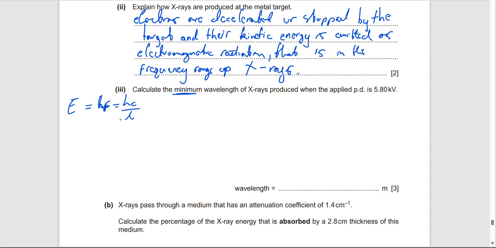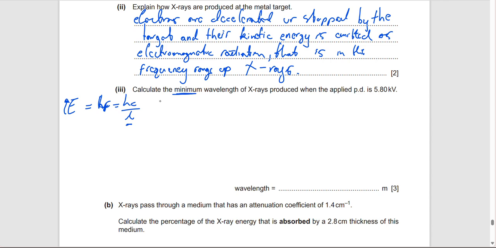So for this to be minimum, that means energy is to be maximum. This only happens when the electron gives up all of its energy into one X-ray photon. One X-ray photon with all of the kinetic energy becomes the energy of the photon.